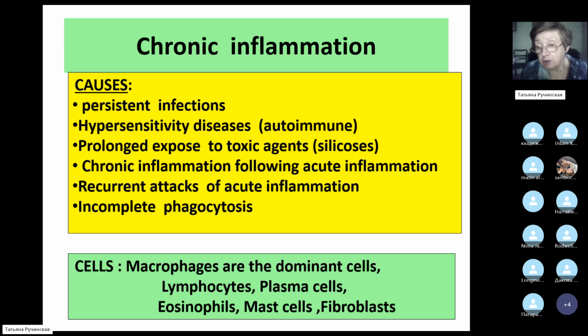And if there is autoimmune disease, as usual, this patient has chronic inflammation. Another one: if the treatment of acute inflammation is not successful and the same infectious agent acts again, this will lead to chronic inflammation.